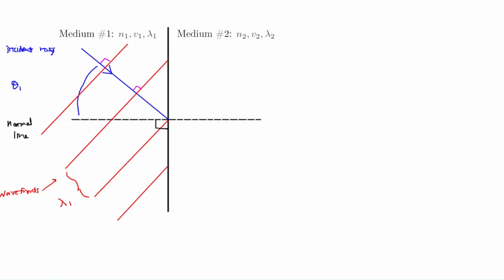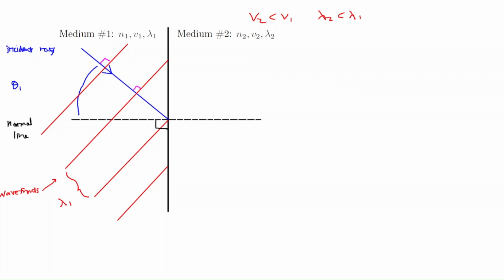So we want to figure out what happens first to these wavefronts on the right side of the boundary. Well, we have to obey two things that we know about waves. Let's assume that V2 is less than V1, which means that lambda 2 is going to be less than lambda 1. So we have to draw those wavefronts closer together over on the right side of the boundary.